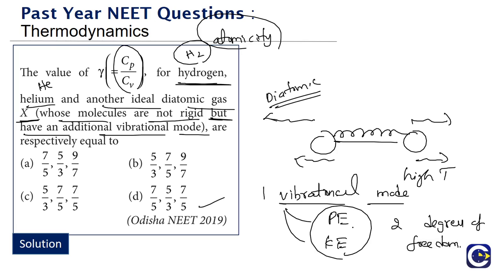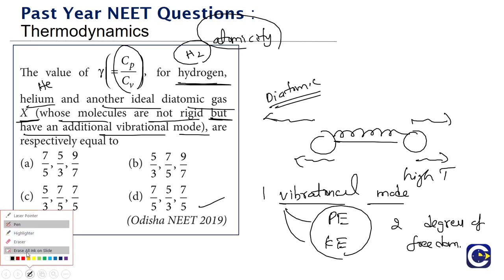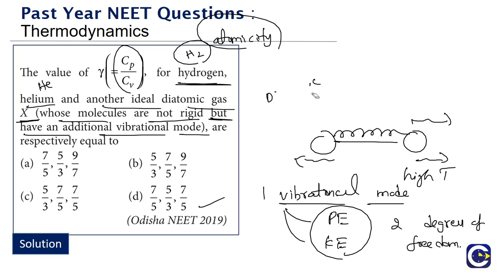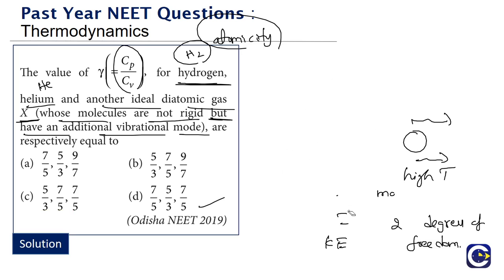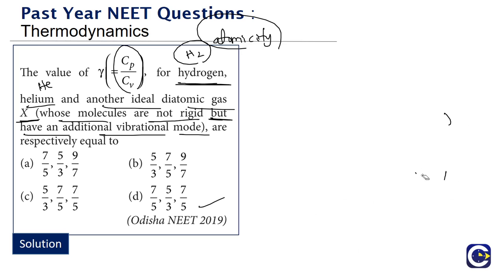Here we are discussing only the diatomic gas X, for which we have to talk about the vibrational degrees of freedom, because it has a vibrational mode. We will also see, once we complete this question, how to calculate the number of vibrational modes for the triatomic or general polyatomic. So here we'll just complete the question.